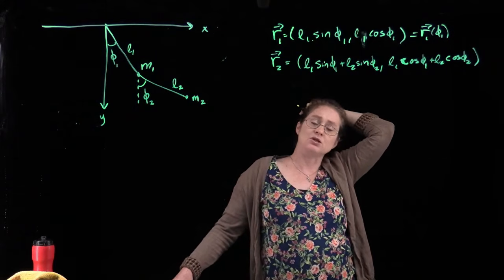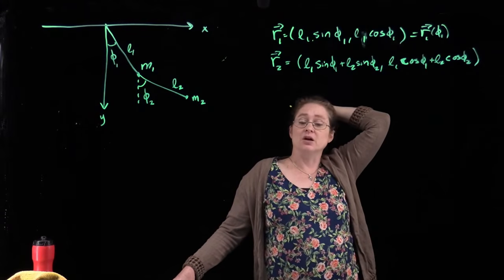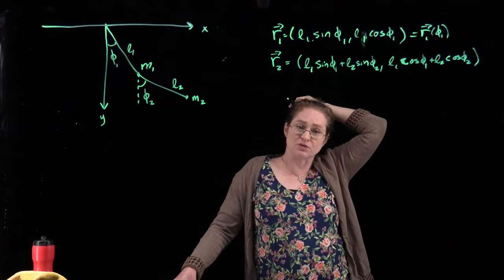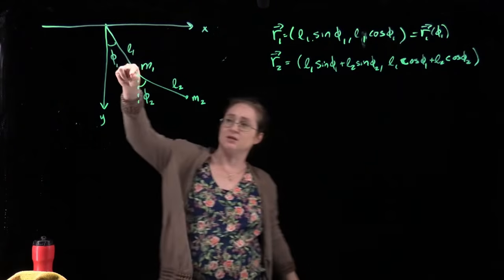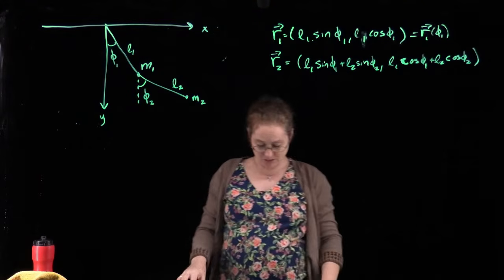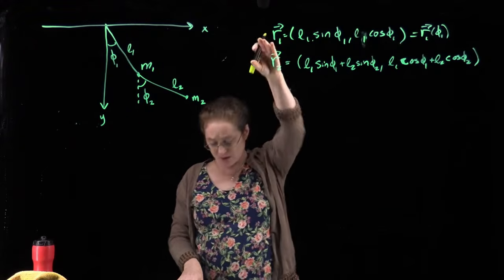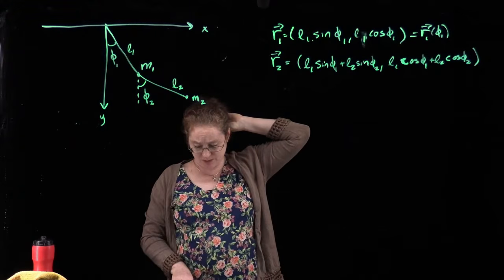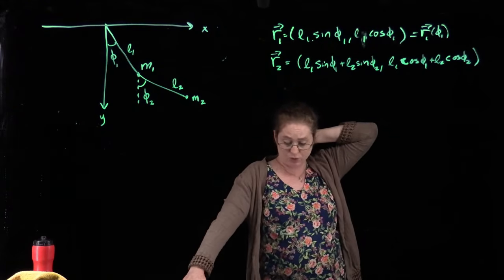The kinetic energy would depend on both the angles and on their derivatives as a function of time, and the potential would depend as well on both of the angles. We will leave that as an exercise to the reader, but this is an example of how you can describe it in terms of two coordinates.